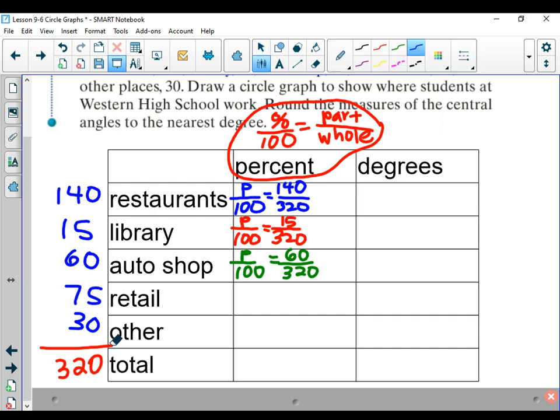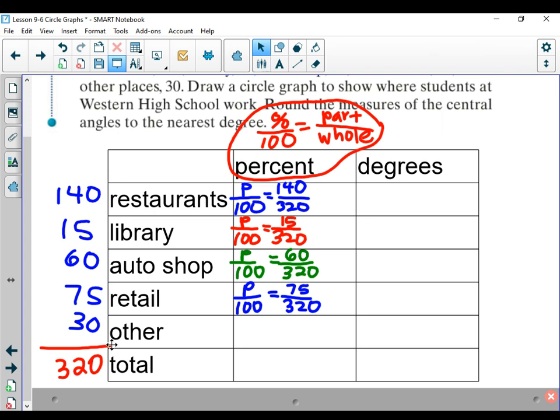Keep going. Retail. Part over 100. 75 over 360. What about the babysitters and the pet sitters?